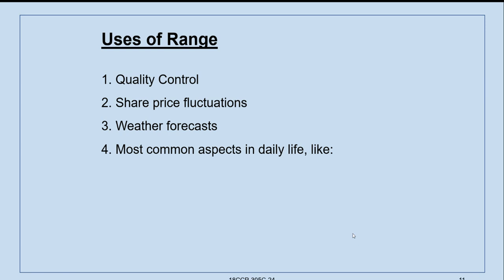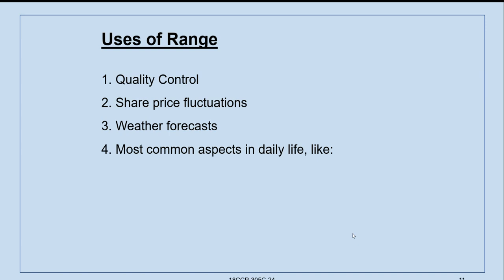And share price fluctuations also we can compare when it comes to the stock exchange. So in stock exchanges, we will be using range value more frequently.